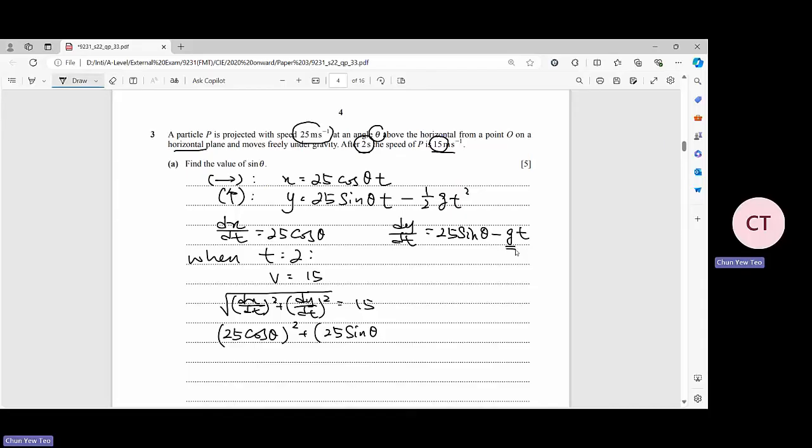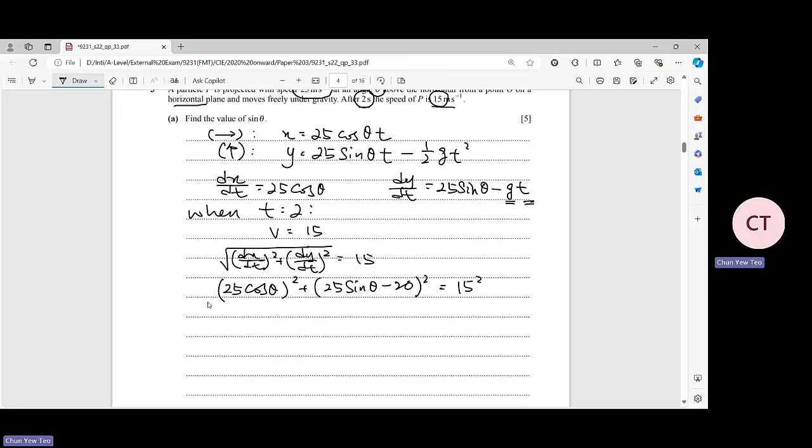I will use g become 10, t as 2, so it's 20 square. I bring the square root to the other side, become 15 square. So this one expands: 625 cos square theta plus 625 sine square theta minus 1000 sine theta plus 400 is equal to 225.